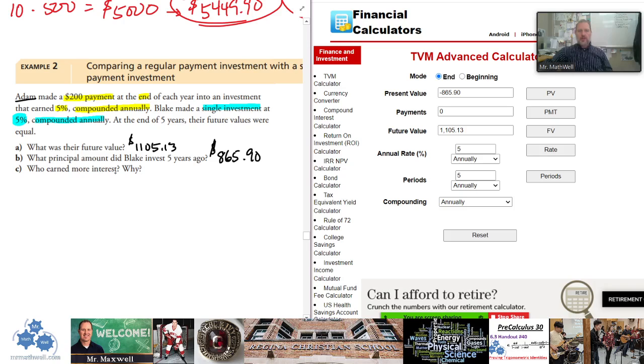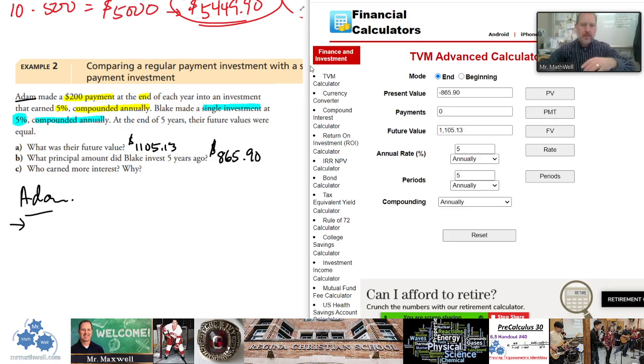Who earned more interest and why? Okay. Well, Adam made $200 payments every year for 5 years. So Adam had $200 at the end of each year. So 200 times 5 years, right?